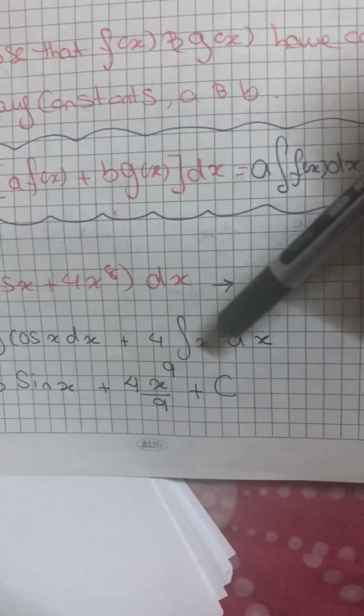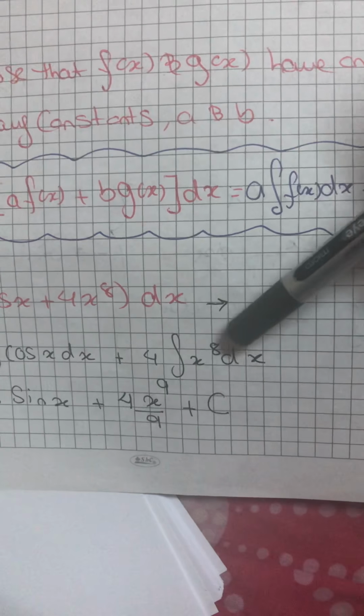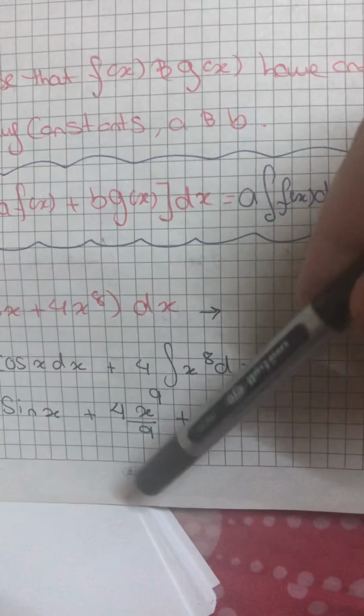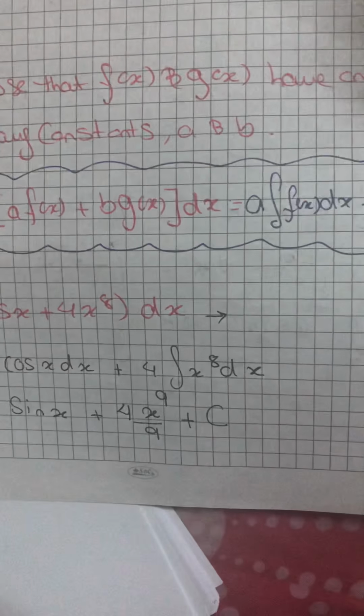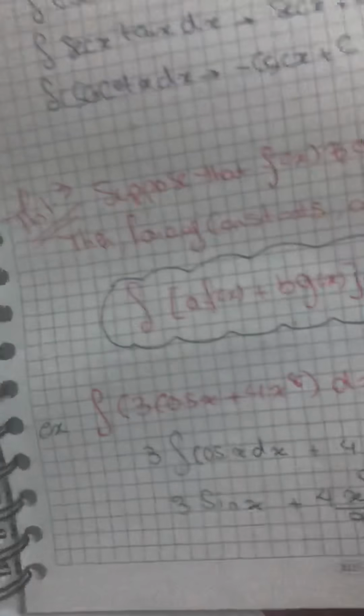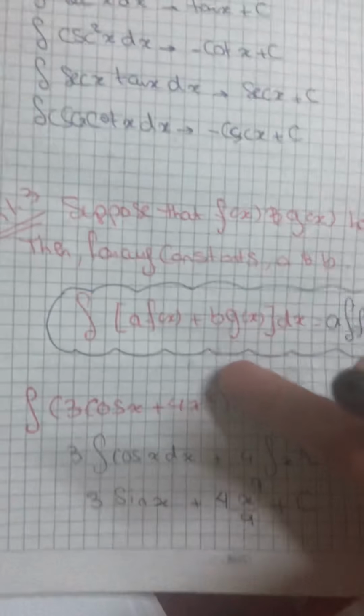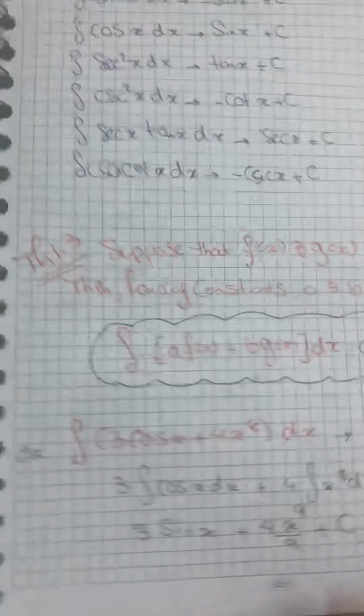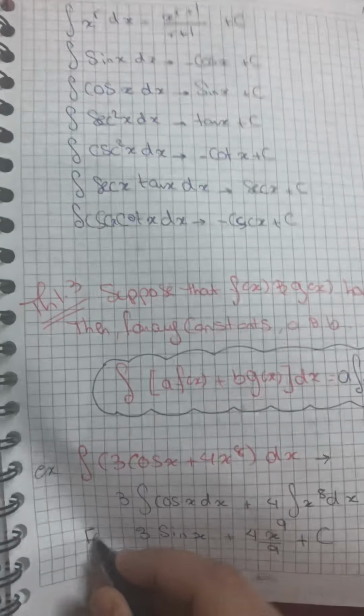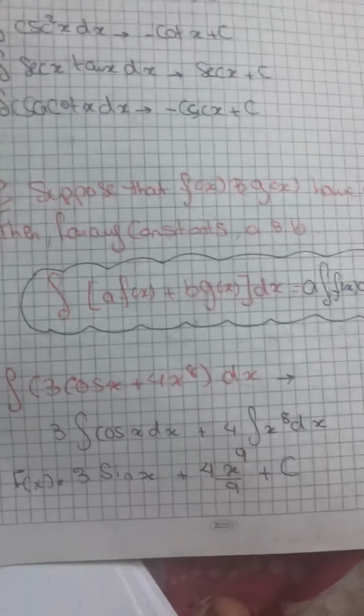The 4, I'll keep as it is, and the x, I'll make it to the power of 9 and then divide by 9. If I can simplify those, I will simplify them. Plus c, because I don't know what number was there before finding the derivative of this function. As if this is the derivative and I want the original function. So I can write that capital F of x is equal to this.